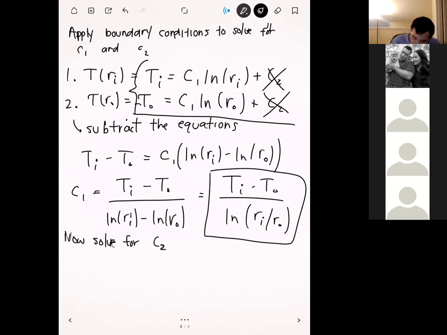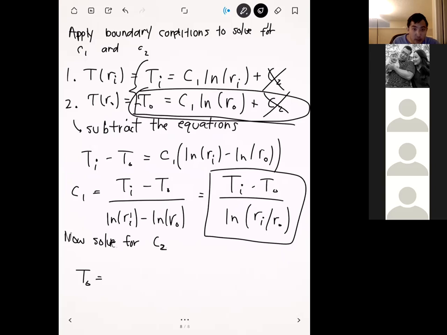Okay. And so now that we have C1, we can go ahead and plug this back in and solve for C2. We can do this to any of the equations up above, and you'll end up with the same thing. So let's plug it into the formula for To right here. We have To is equal to C1 times ln of Ro, but we just solved for C1 right here.